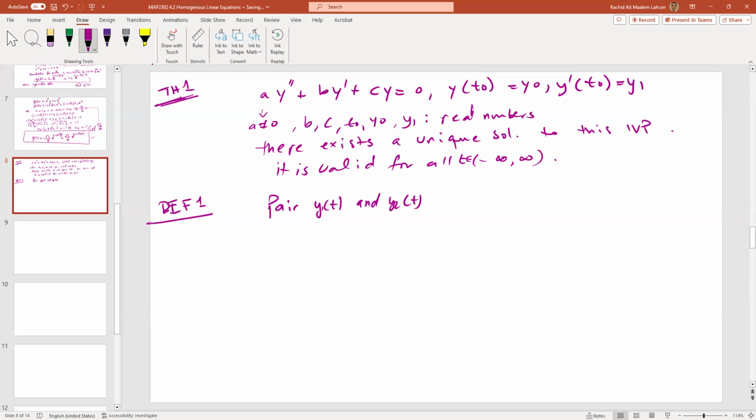They are said to be linearly independent on some interval I if and only if neither of them is a constant multiple of the other.